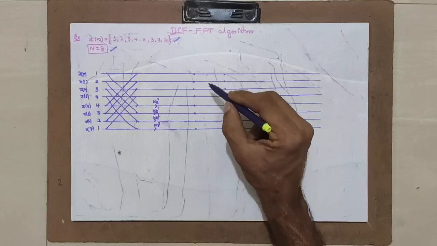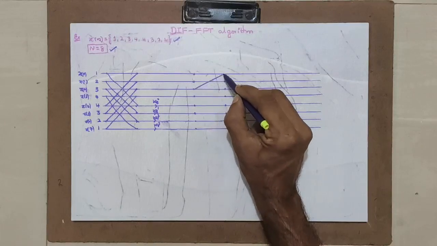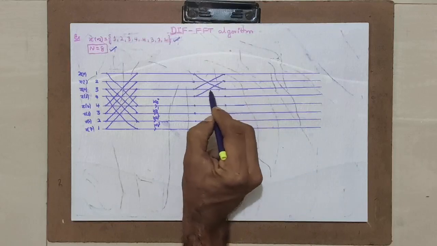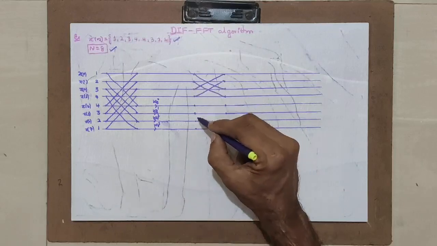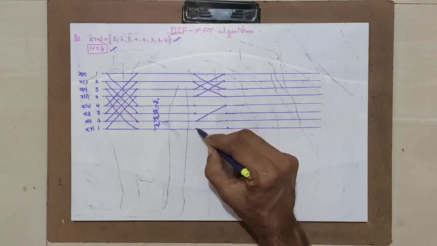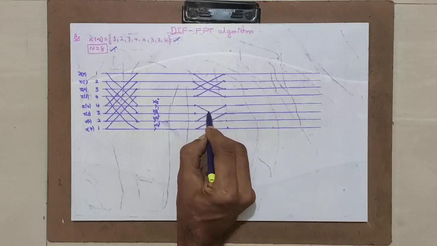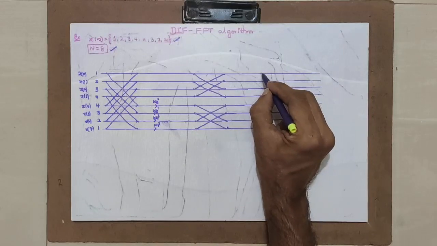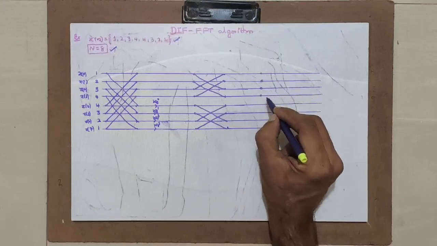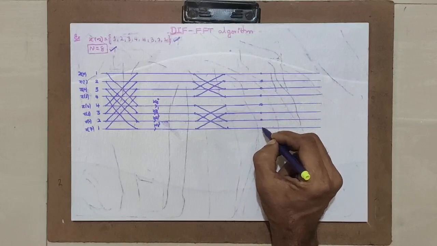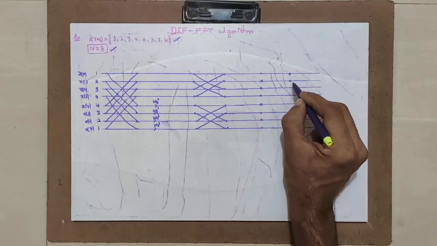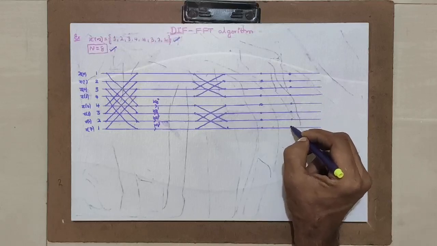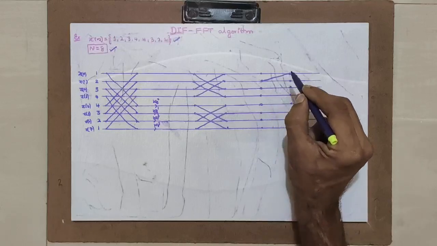Now the 4 point DFT points here. The last stage is the 2 point DFT points. Crisscross.